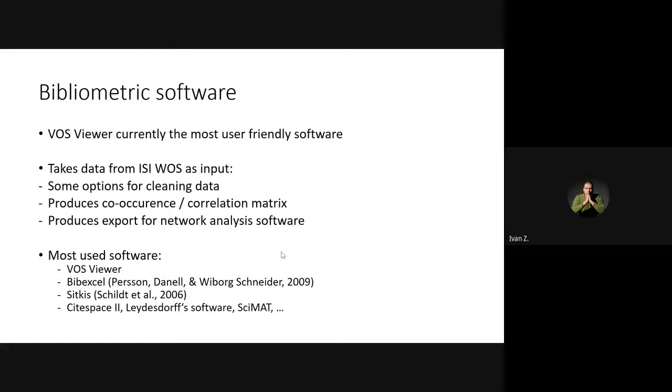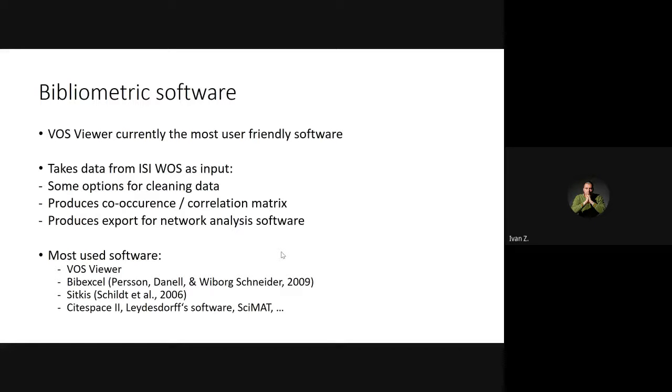So there are some options for cleaning data. If you're doing the co-citation, then you can also produce the co-occurrence correlation matrices. From VOS Viewer or from other software, you can also export data that you can import in network analysis software.